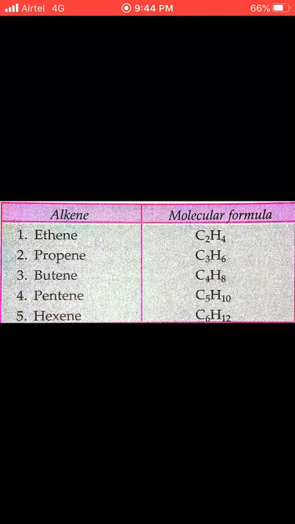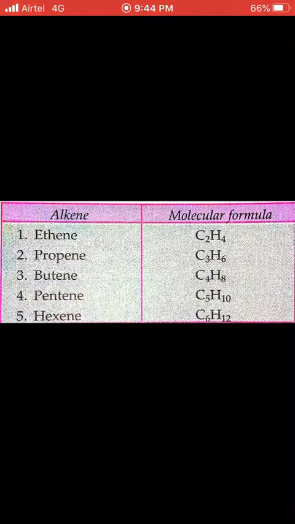If the number of carbon is 2, then the number of hydrogen will be 2 twos are 4. So C2H4 is ethene, propene C3H6, butene C4H8, pentene C5H10, hexene C6H12.